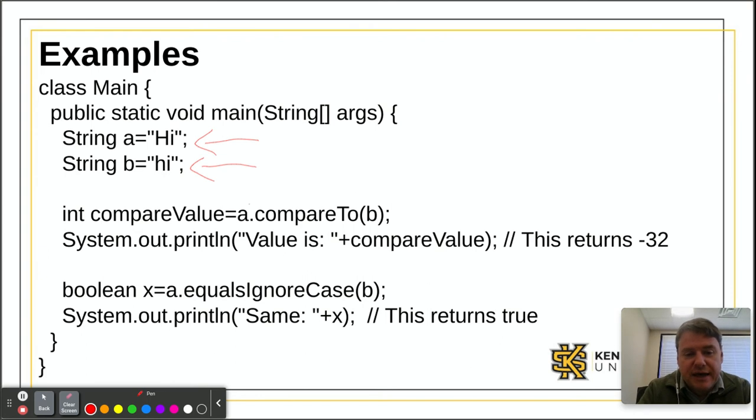We're going to say A, which is the first variable, compareTo B, which is the second variable, and that's going to return back an integer number, which is the comparison of the two. In this particular case, it's going to return negative 32 because it turns out that a lowercase h is 32 positions after an uppercase H when you lay out all the numbers in an ASCII chart. All right, and then if we do equalsIgnoreCase, that's going to return true because those two are indeed the same if you ignore the case.